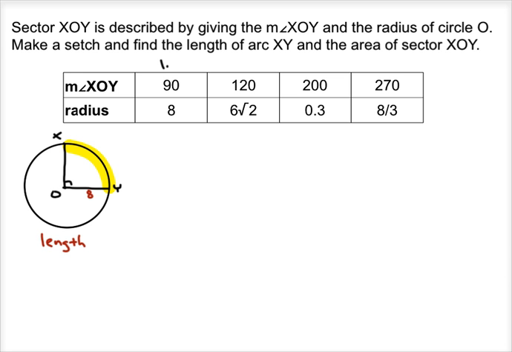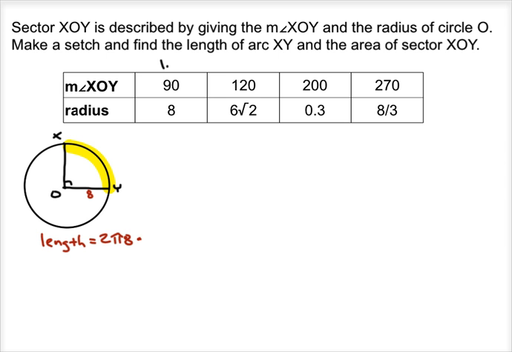I start by finding the circumference of the circle, and the circumference of the circle is 2 pi times the radius, which in this case is 8. Well, that's a whole circle. How much of a circle do I have here? If I look, I can see that it's a quarter of a circle.